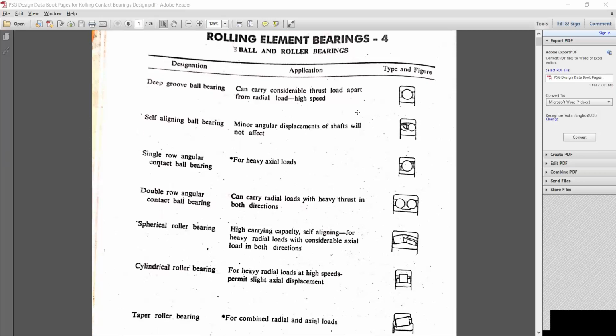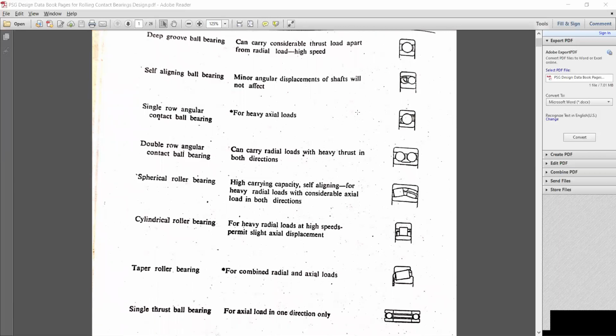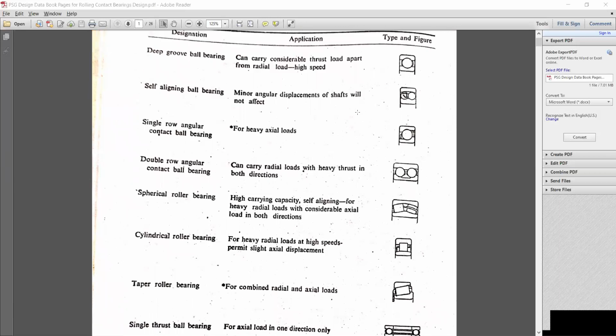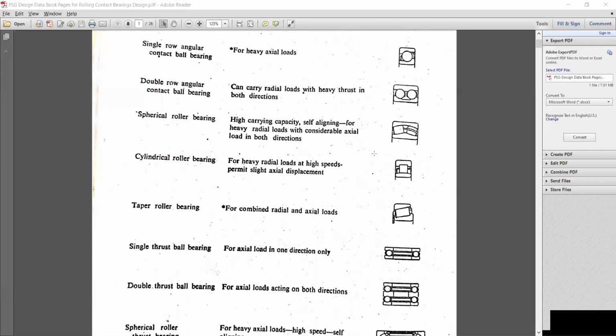They have given basic designations, or you can say the name of the bearing, then the application, and how we can identify it from the small figure, how the element varies from one to another. Based on that they have divided the different types of bearings.